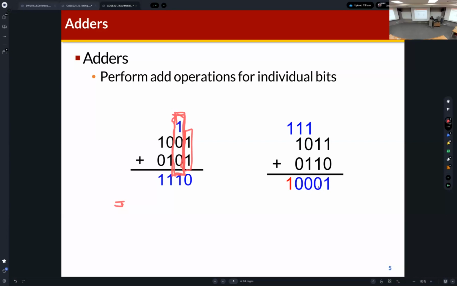So for this operation, for this digit, the logic gate receives the two inputs, and then the sum is generated, and carry is generated, right?